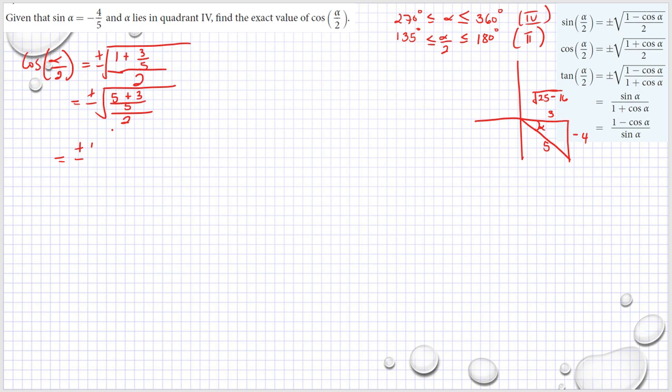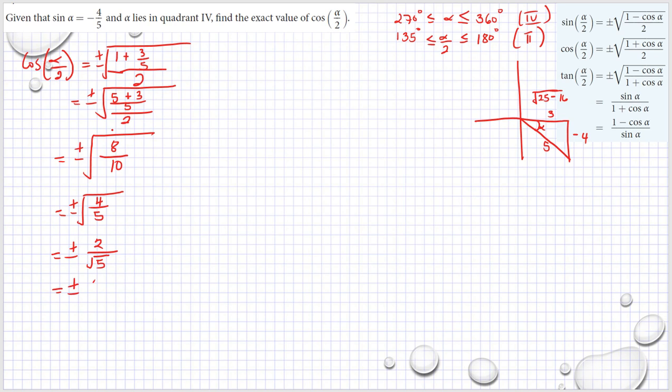Then we have plus minus the square root of 8 over 10, plus minus 4 over 5, plus minus 2 over square root of 5.